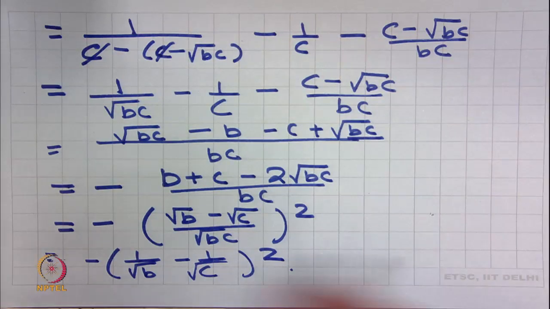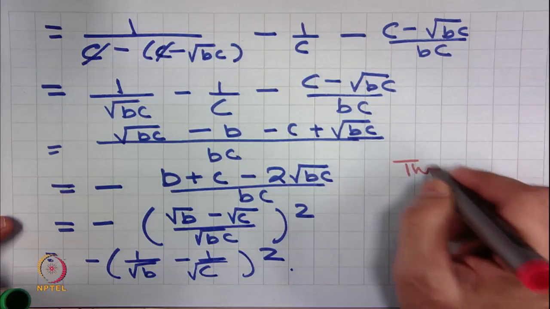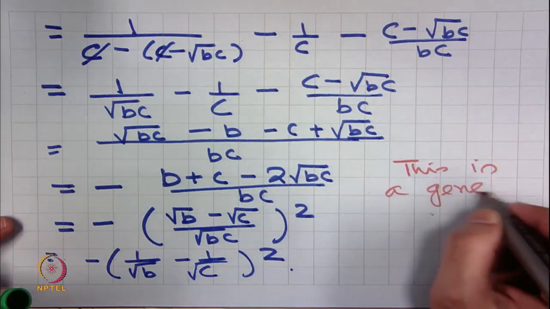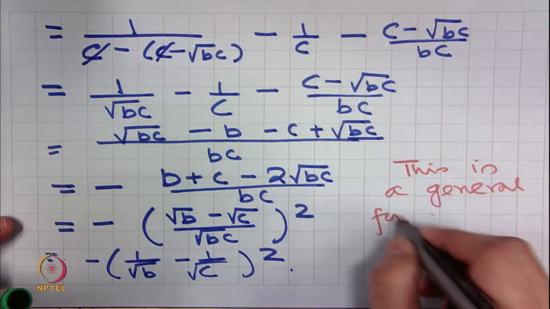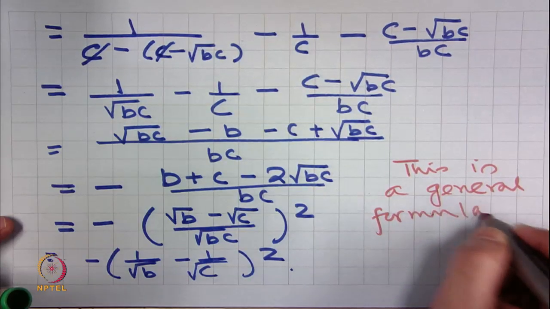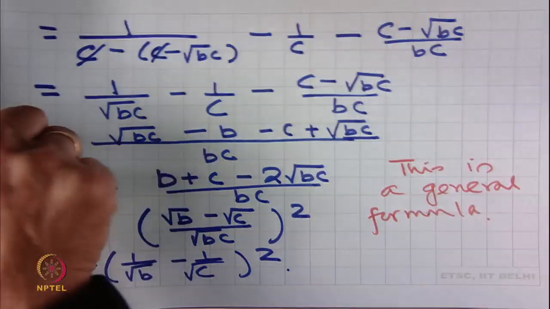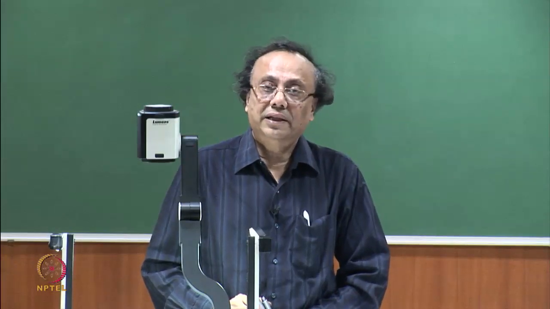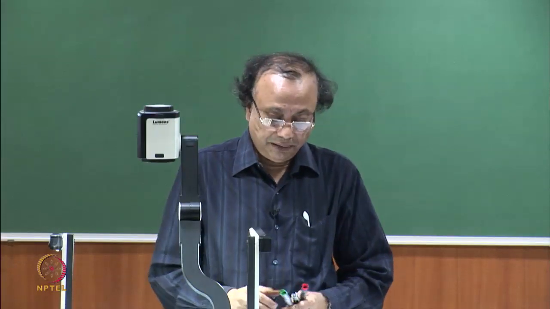So, this is a general formula. For a particular problem, we can substitute the values for a, b, c and we can get the maximum divergence.